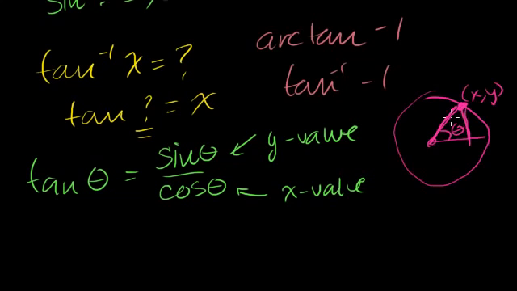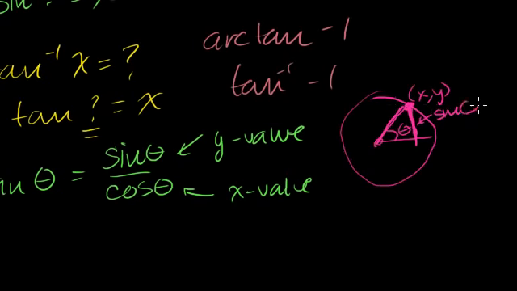We know already that the y value is the sine of theta, and we already know that this x value is the cosine of theta. So what's the tangent going to be? It's going to be this distance divided by this distance.